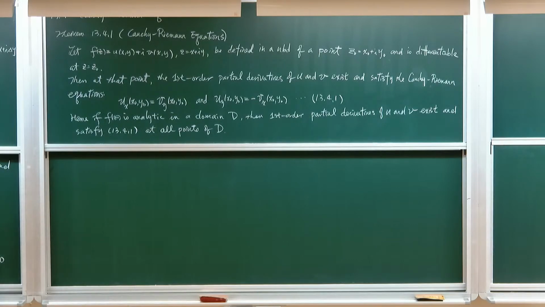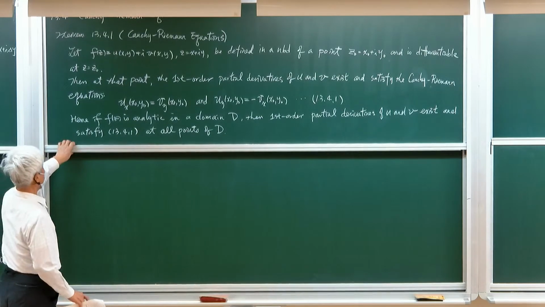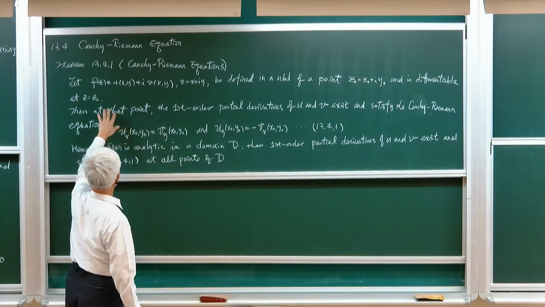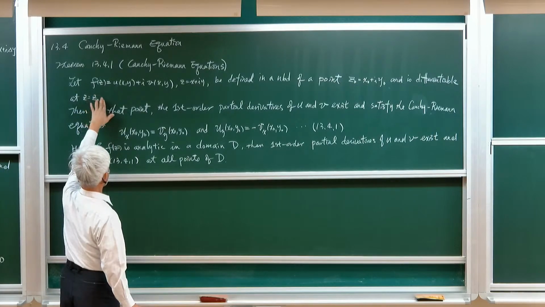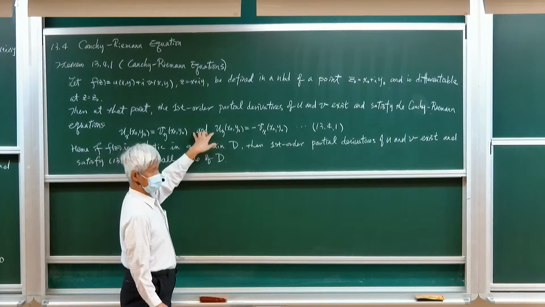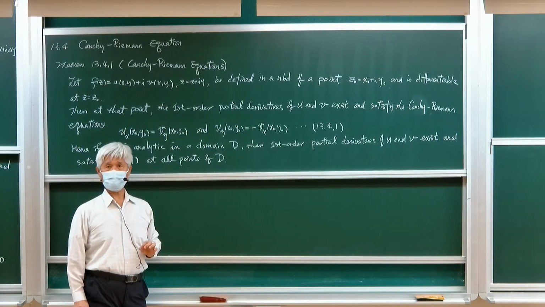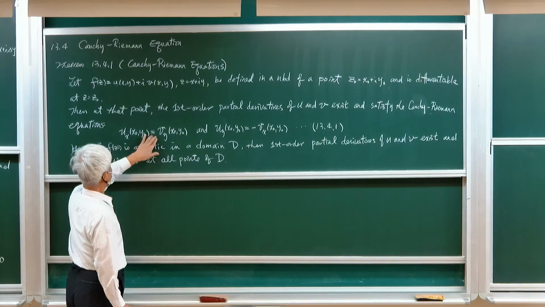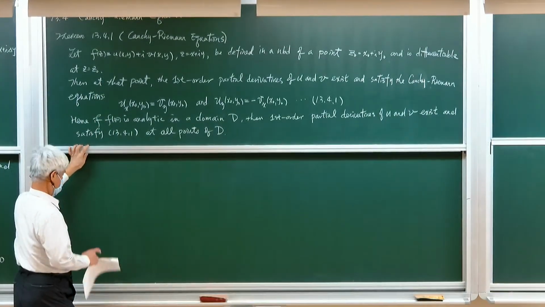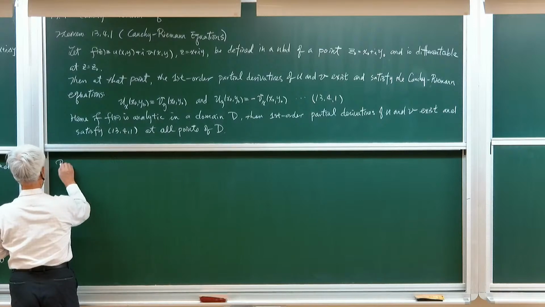Any questions about the statements of this theorem? So it is only necessary to prove that differentiability of f at certain points implies this system of first-order differential equations at a point z0. Okay, so let's see a proof.